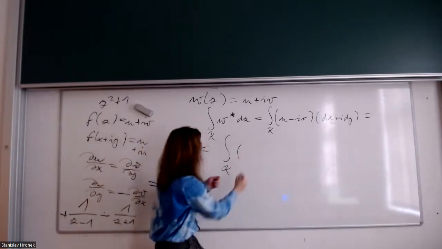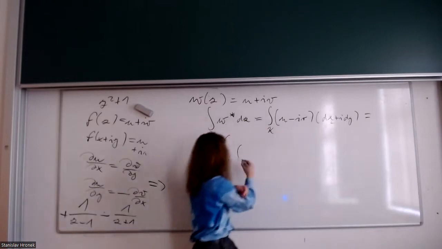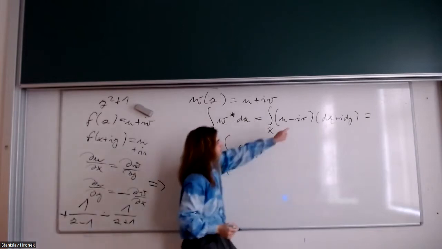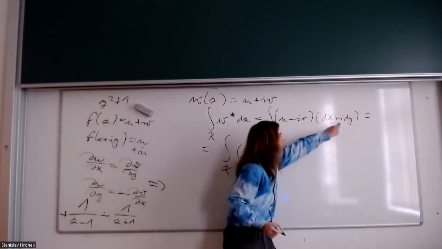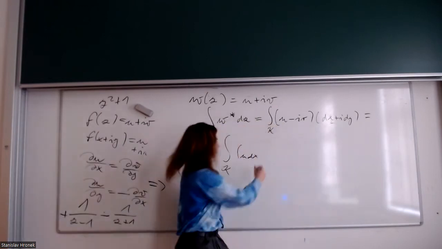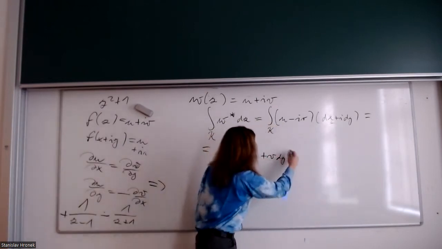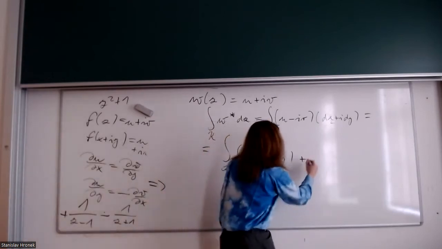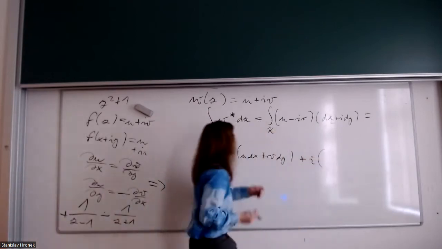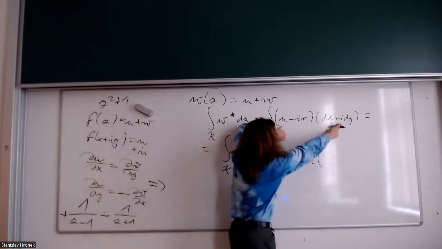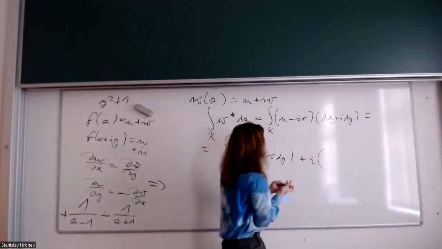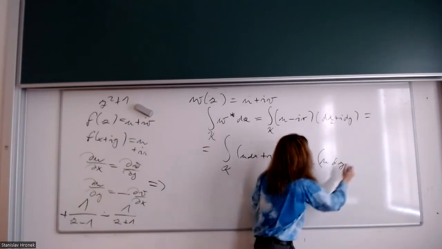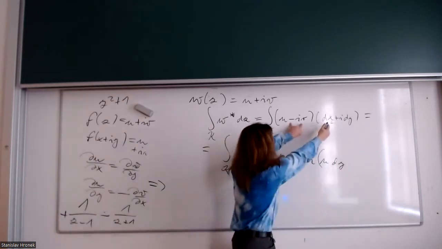So for the real part, I have u dx minus i times another i, which makes the second minus. So we get plus v dy. And the imaginary part will be u dy. Here we get minus v dx.